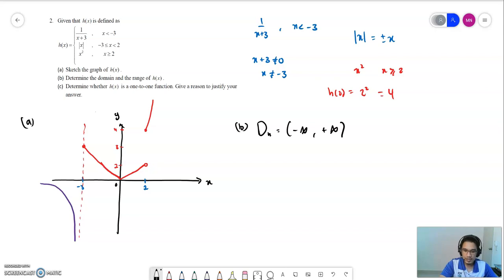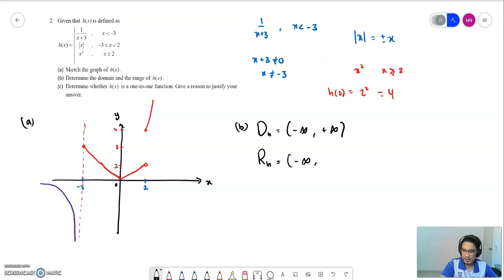For the range of h, we can see the lowest point is from negative infinity, covered by the rational function, and it goes towards the asymptote of 0, but 0 is covered by the modulus function, so it includes the 0.